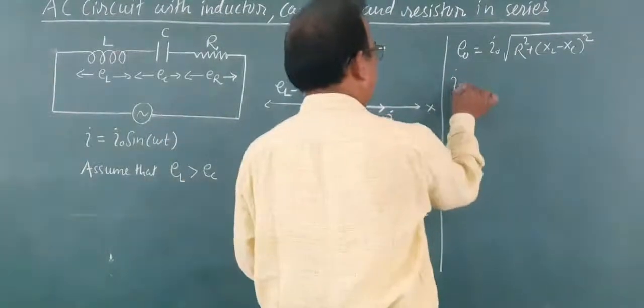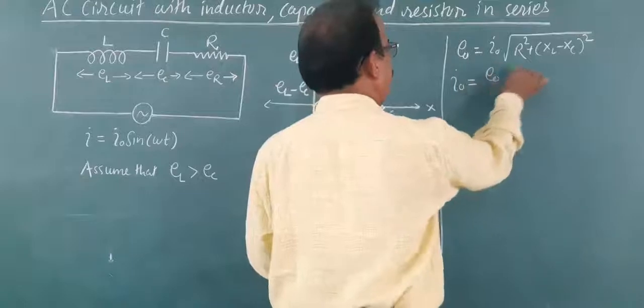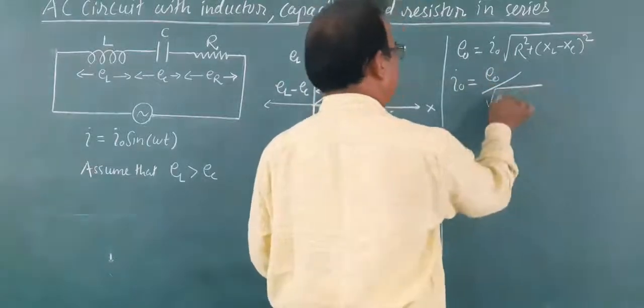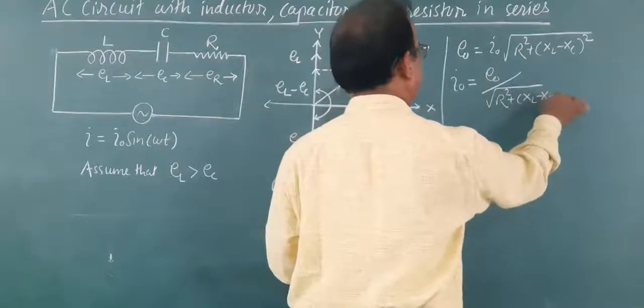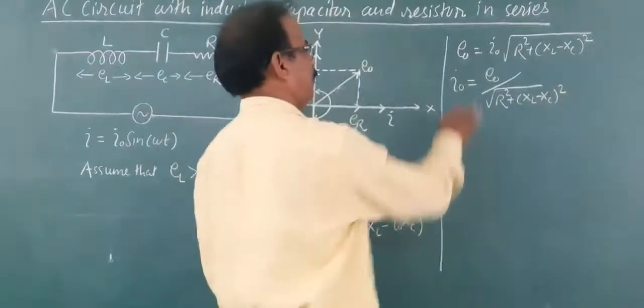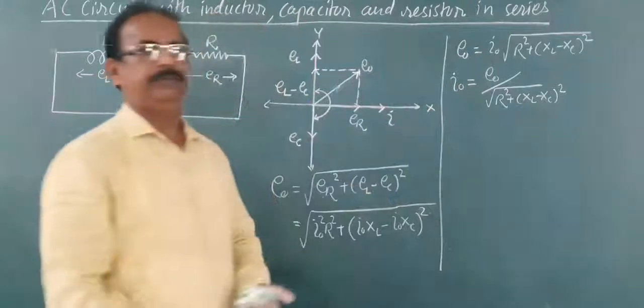From this we can write I0 equals E0 upon root of R square plus (XL minus XC) bracket square. This is I0.